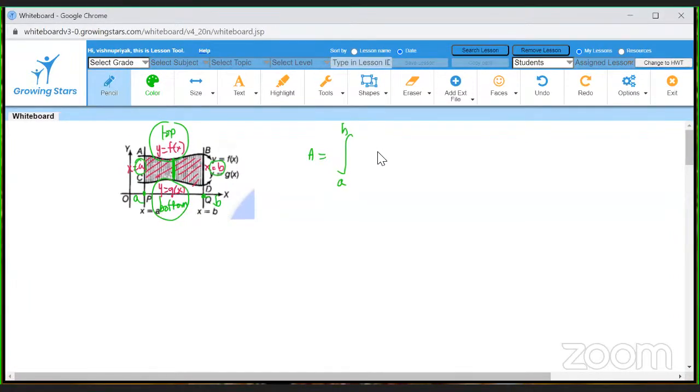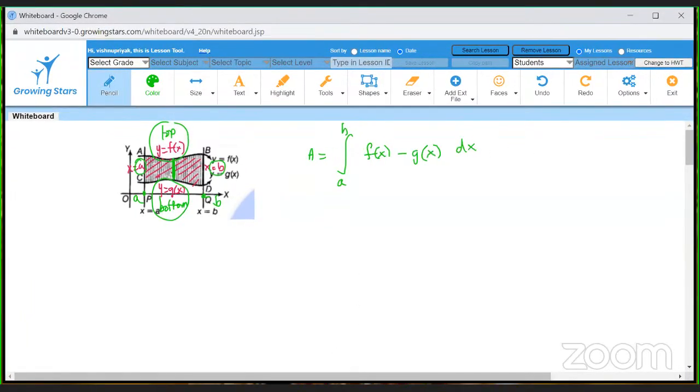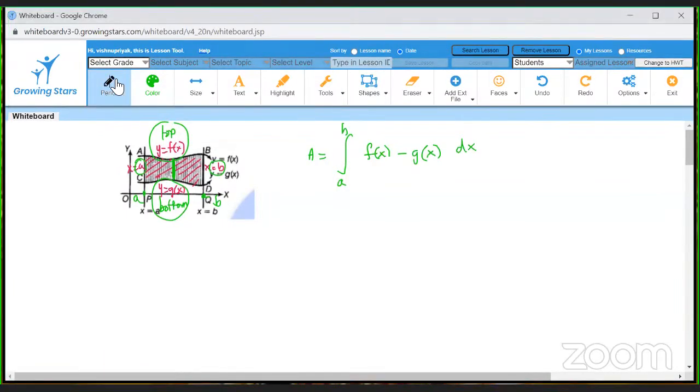And then you will take top minus bottom. Everything in terms of x. But if the curve is like this, there are different situations. Everything depends upon the graph.